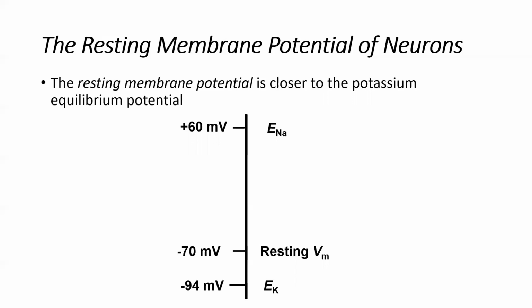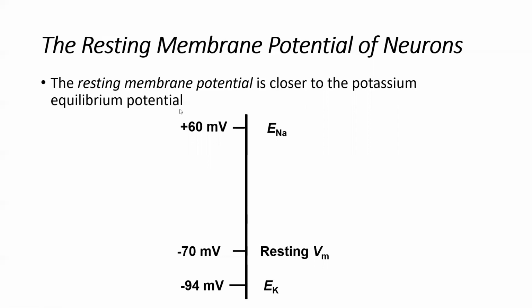Excellent. The cell is more permeable to potassium. So at rest, the cell looks a lot like what's happening with potassium movement, okay? Because the cell is more permeable to potassium. But we can also see here that the membrane potential is really far away from sodium's equilibrium potential, right? Sodium's equilibrium potential is really positive. It's positive 60. That membrane potential is going to be negative 70.